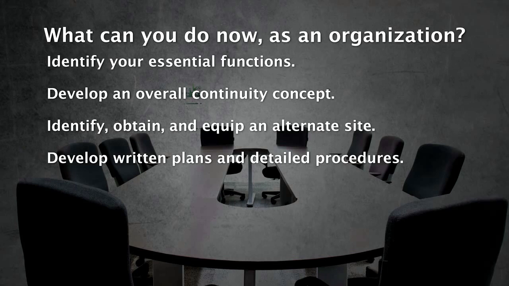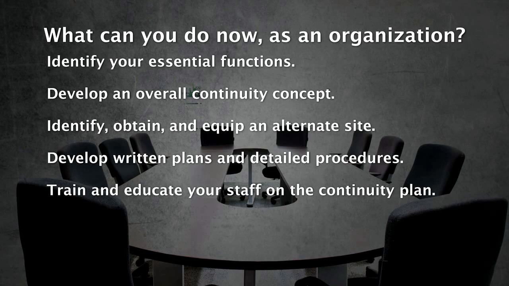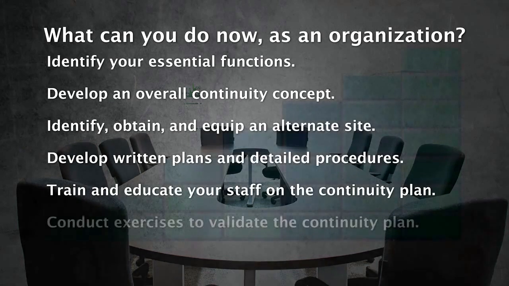Train and educate your staff, all staff, on the plan and their roles and responsibilities during an emergency. Provide your staff with the resources they need to be able to carry out their responsibilities while developing family support plans. Conduct exercises to validate the plan and further refine it.